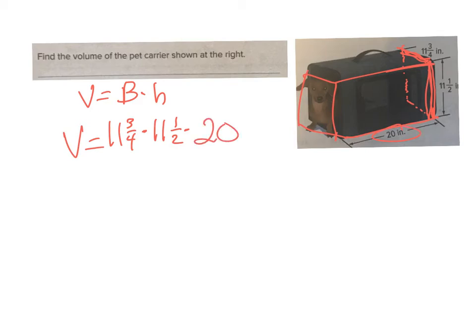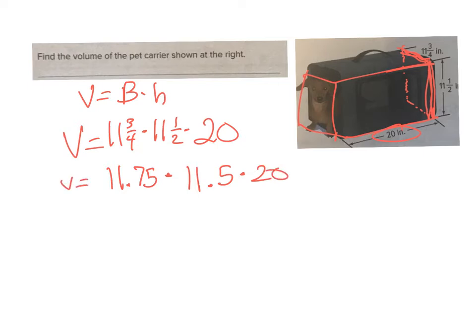Now, in this case, since they're not repeating decimals, they're terminating, I'm going to turn them into decimals. So 3/4 is 0.75 times 11 1/2 is 0.5 times 20.